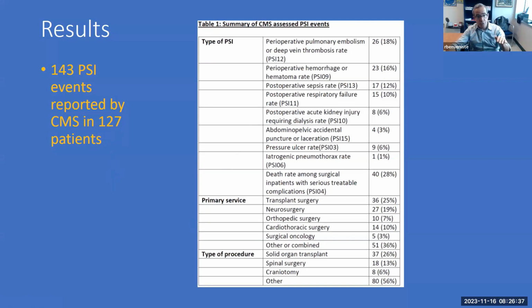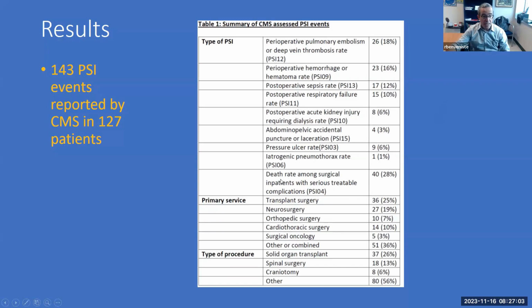And there's a bunch of exclusion criteria: lung diseases, surgery on the head and neck, and other things that are exclusion criteria for postoperative respiratory failure, meaning that some of these patients may require prolonged intubation, and it's not considered a complication. Kidney injury only requiring dialysis, pressure ulcers, and a very important one, death rate among surgical inpatients with serious treatable complications.